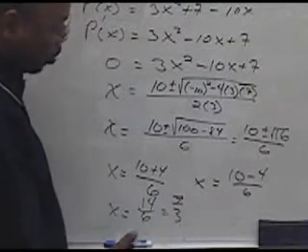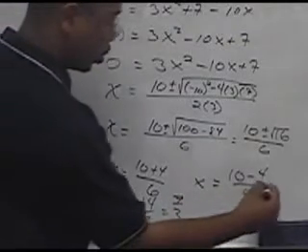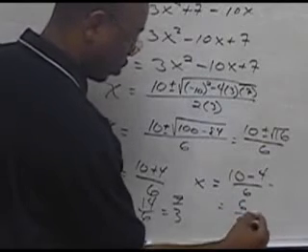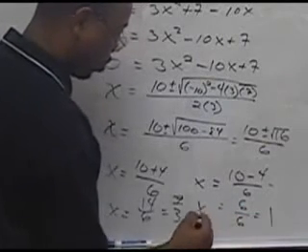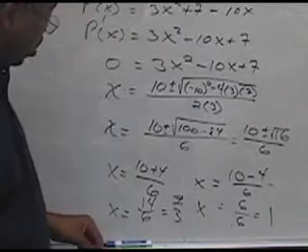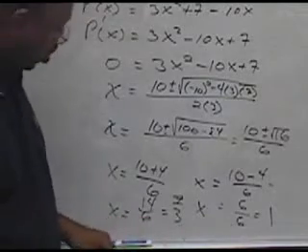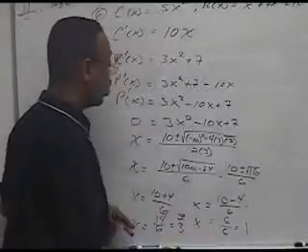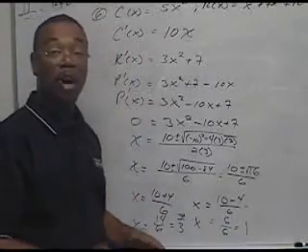And over here we have 10 minus 4, which is 6, over 6, which is 1. Okay, here are two answers. When x is 7/3 or when x is 1, you will have a marginal profit of 0.